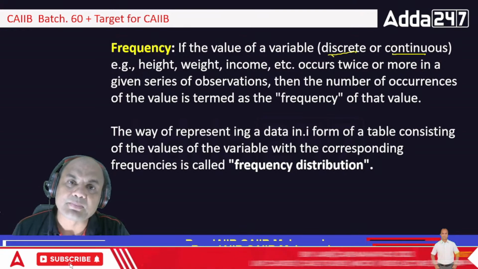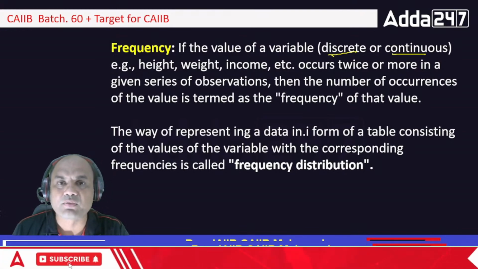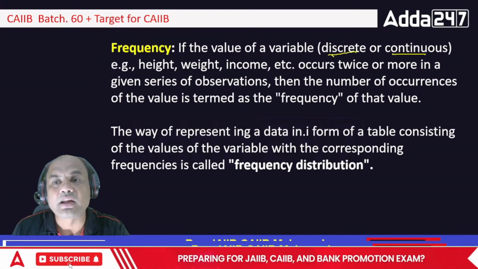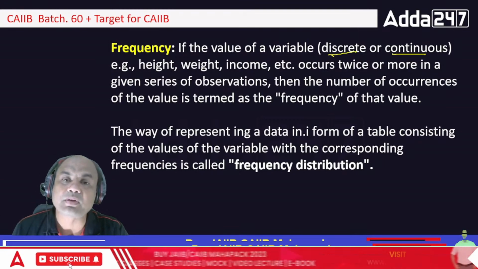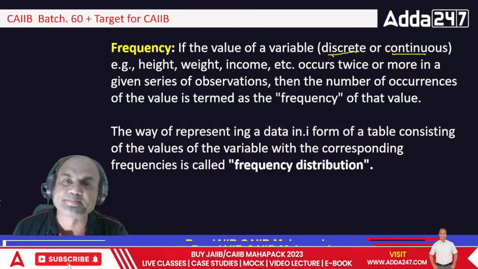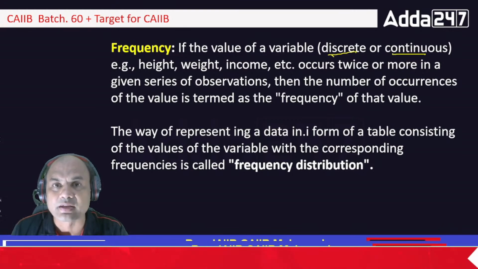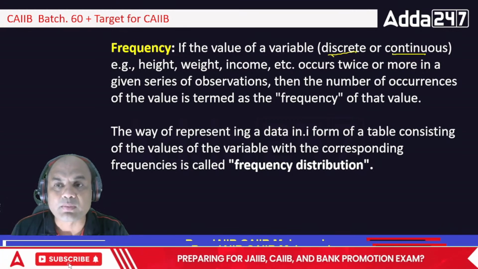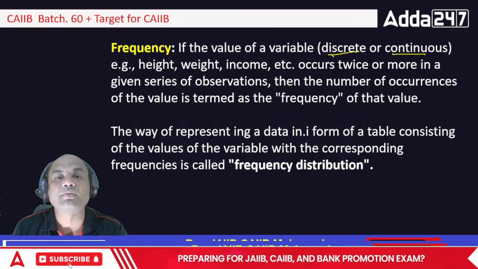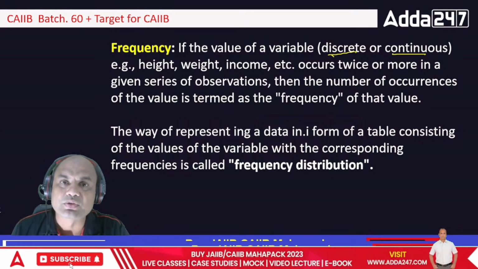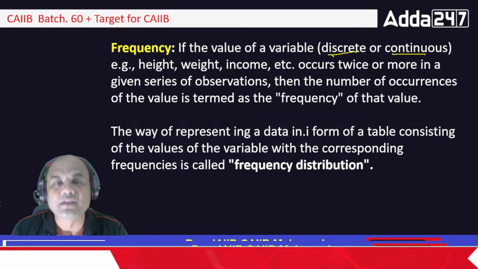They can be separated: one truck, second truck, third truck, fourth truck. Continuous means, suppose I am counting water particles. Water particles are continuous. Suppose I am counting sugar, you can count one grain of sugar, second grain of sugar, that is continuous.